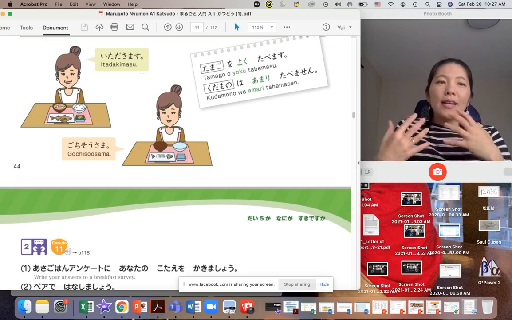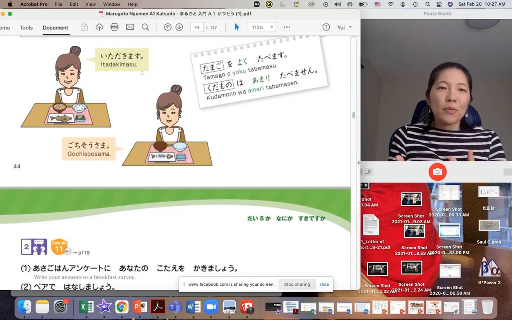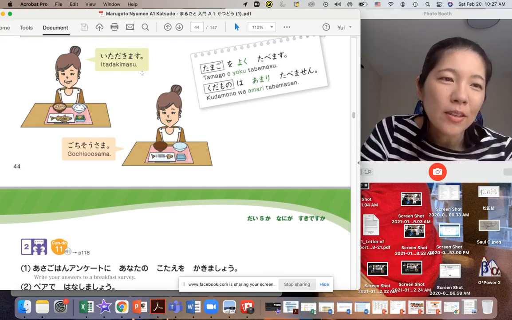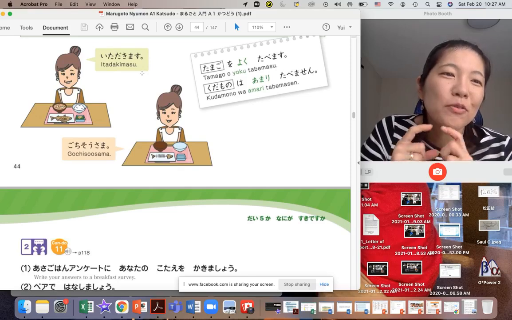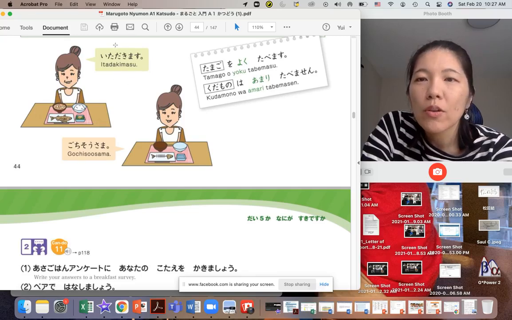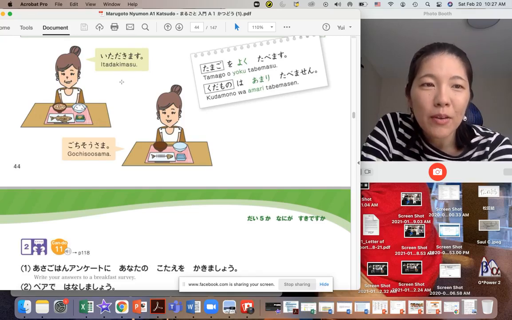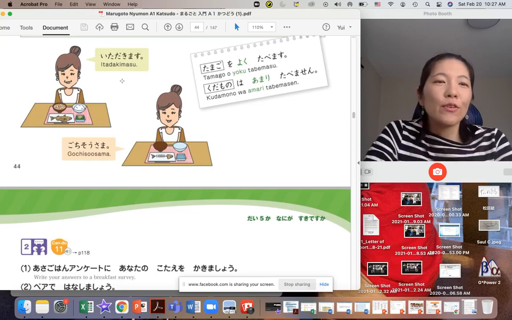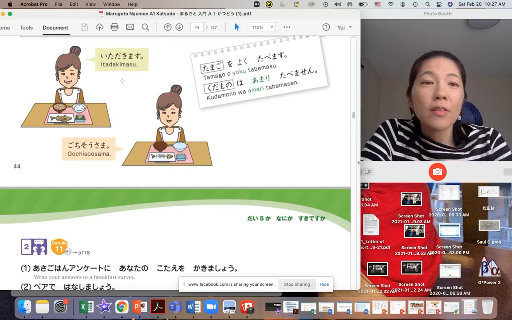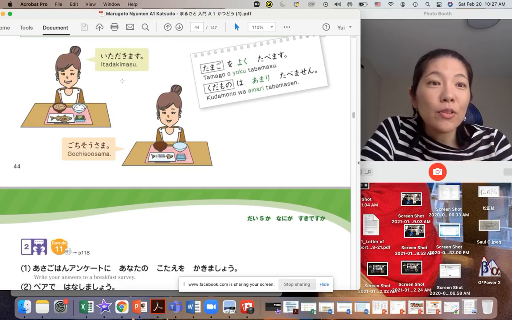Itadakimasu. The idea of itadakimasu is thank you for the food. I often hear it translated as bon appetit. But in English, we don't have an equivalent phrase like itadakimasu, right? What I learned when I was a kid was thanking food because somebody made the food, like my mom, somebody provided the food, like my dad, and somebody actually produced the food, the farmers.